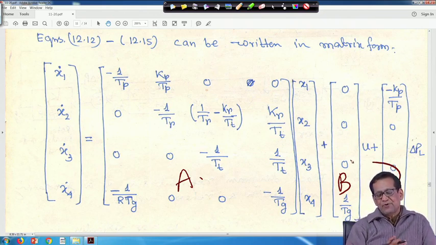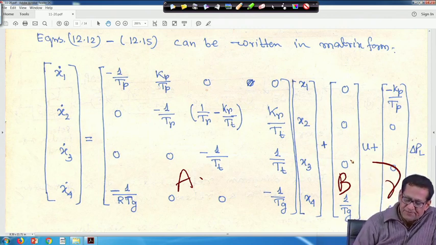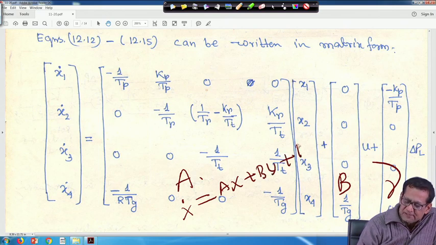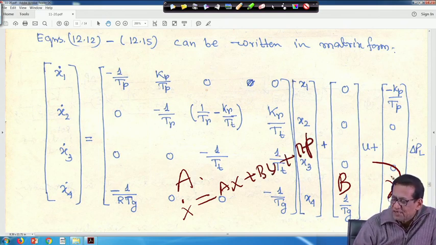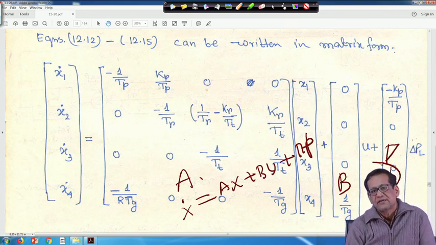So A is a 4 into 4 matrix, B is 4 into 1 and gamma is 4 into 1. This equation can be written in the form x dot is equal to Ax plus Bu plus gamma p.